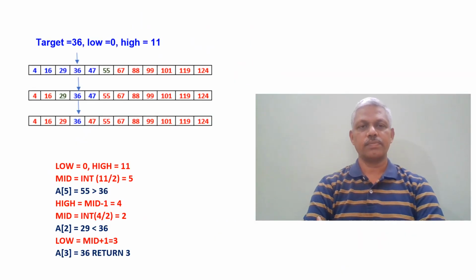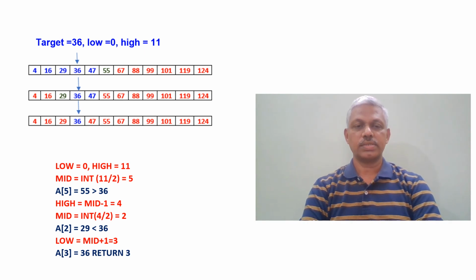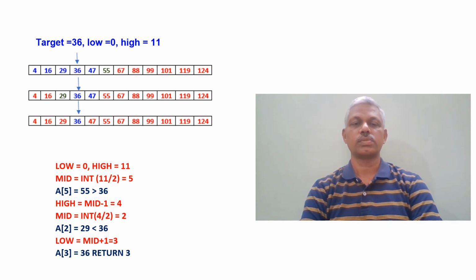Now we look into an example here. We take an array consisting of 12 elements with low index 0 and high index 11, and the target value is 36. Initially low is 0, high is 11, and now the mid value is computed: integer part of (0 plus 11) by 2, which is 5.